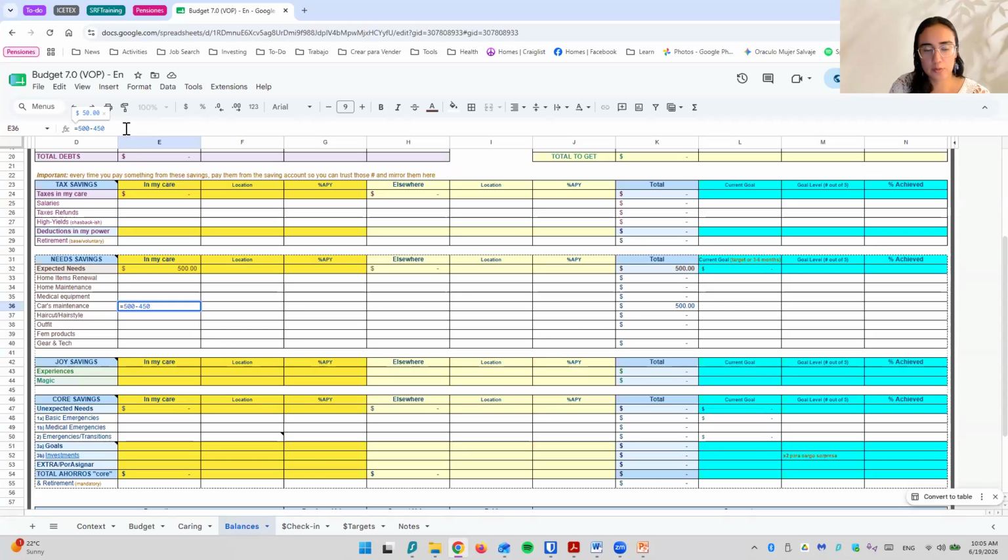And then I have to come to the balances, wherever I have my balances, if it's in the papers, and update the number, because after I pay that maintenance, I only will have 50 remaining.